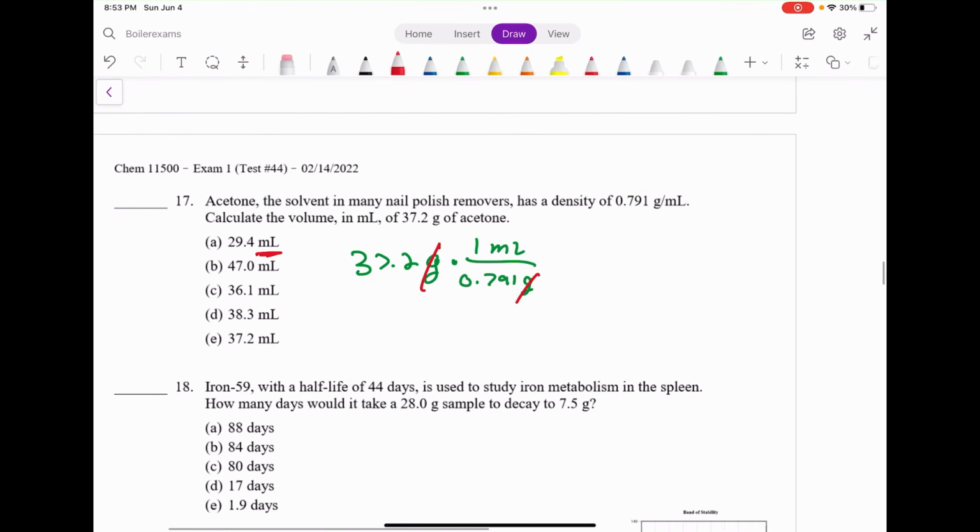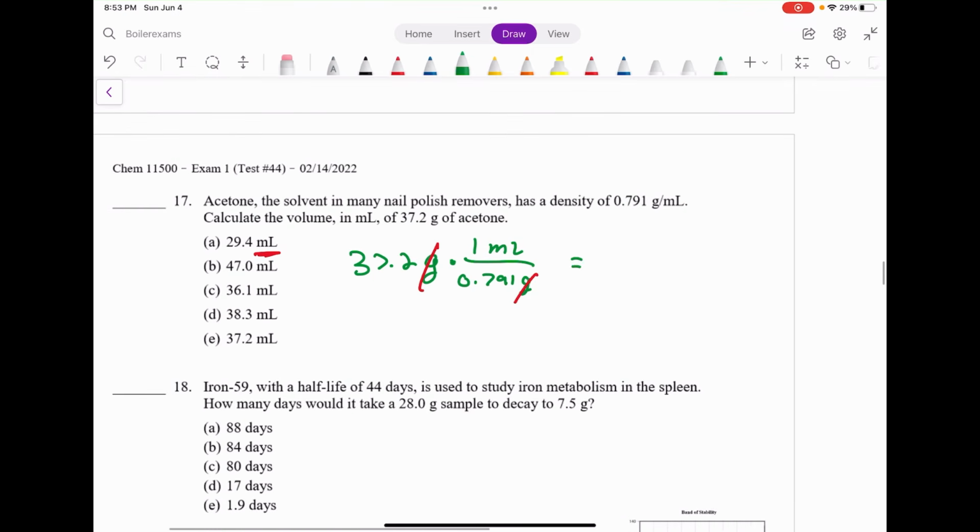Grams cancels with grams, and we take 37.2 and divide it by 0.791. You get 47.029 milliliters. And sig figs might be an issue here, but B is the only answer choice that is close. B.